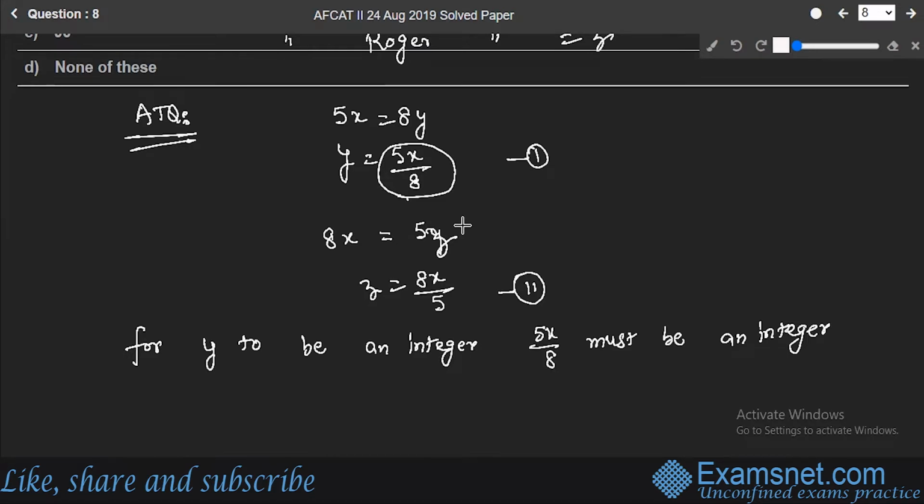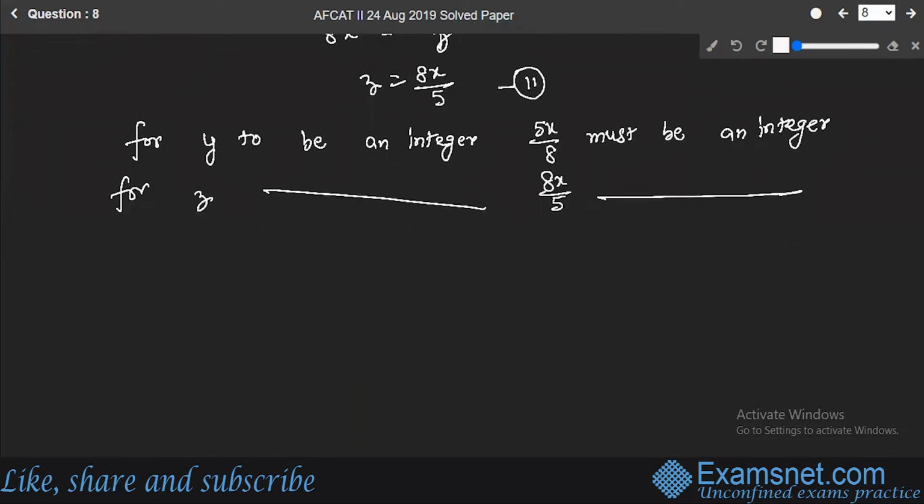Also for z to be an integer, 8x upon 5 also must be an integer. So we are having the two things that both 5x upon 8 and 8x upon 5 must be integers. Correct?